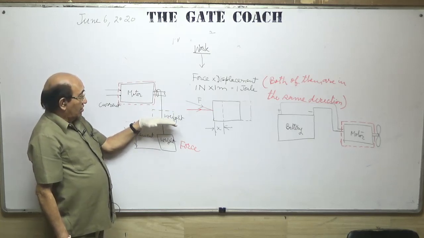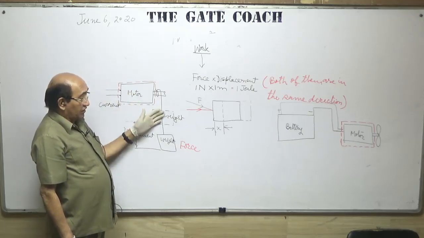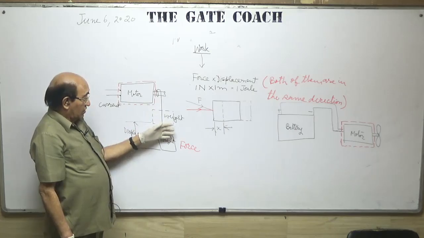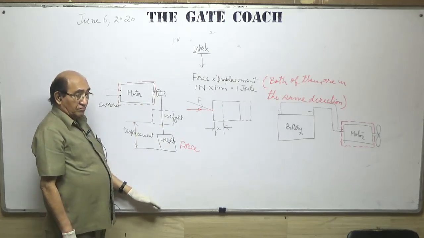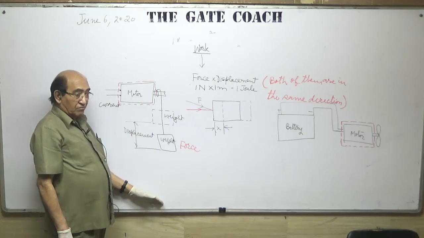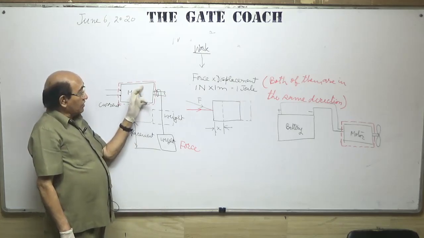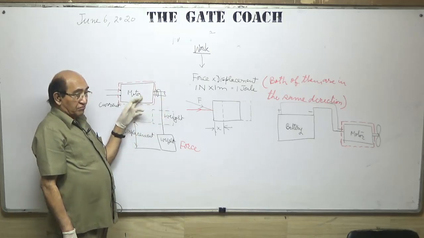Or I don't supply the current, the weight is here, I remove the table, the weight gets lowered. That means again work is there, it is a product of force and displacement. Earlier the work was coming out of the system, now work is entering into the system.